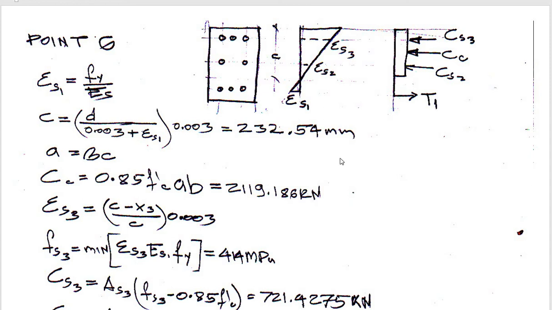And then, let us compute strain in steel 3. Notice na malaki ang strain in steel 3. Okay? Compared sa strain in steel 1, which is already at yield point. So, you always check strain in steel 3. Dapat hindi siya lalampas ng 414. Kaya meron tayong minimum dito.